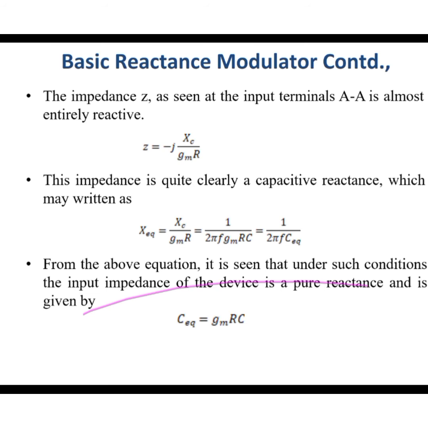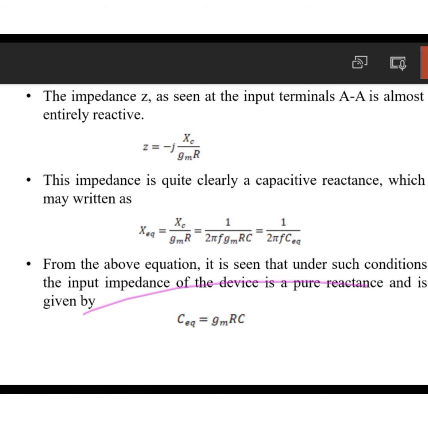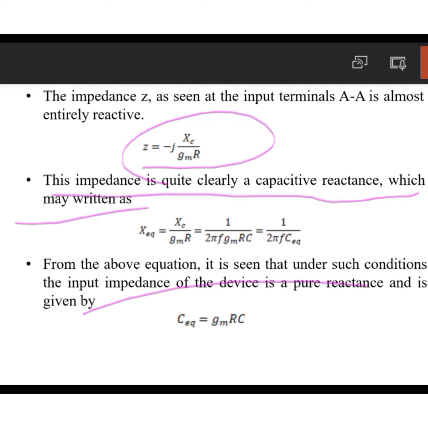So Xc here is what? The impedance is quite a capacitive reactance. It may be written as X equivalent, which is nothing but Xc GmR. Xc we know is equal to 1 by 2 pi Fm C, so X equivalent is 1 by 2 pi F GmRC.